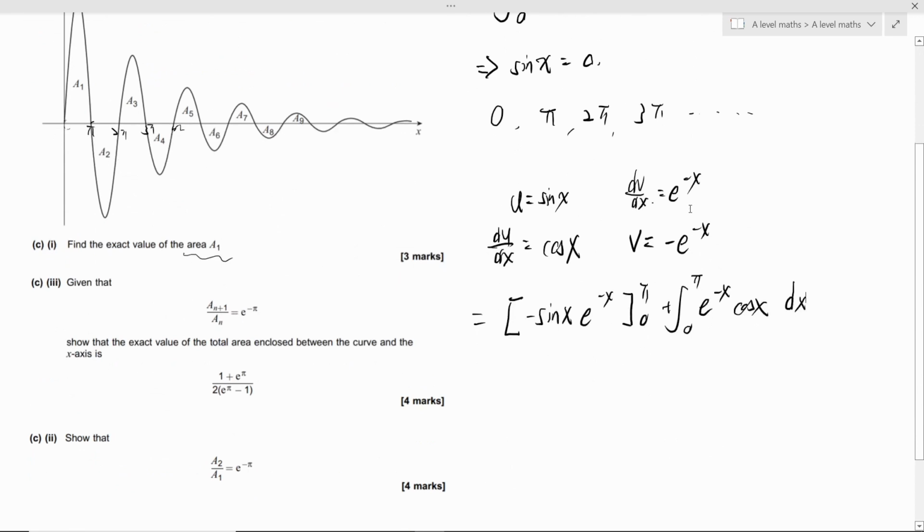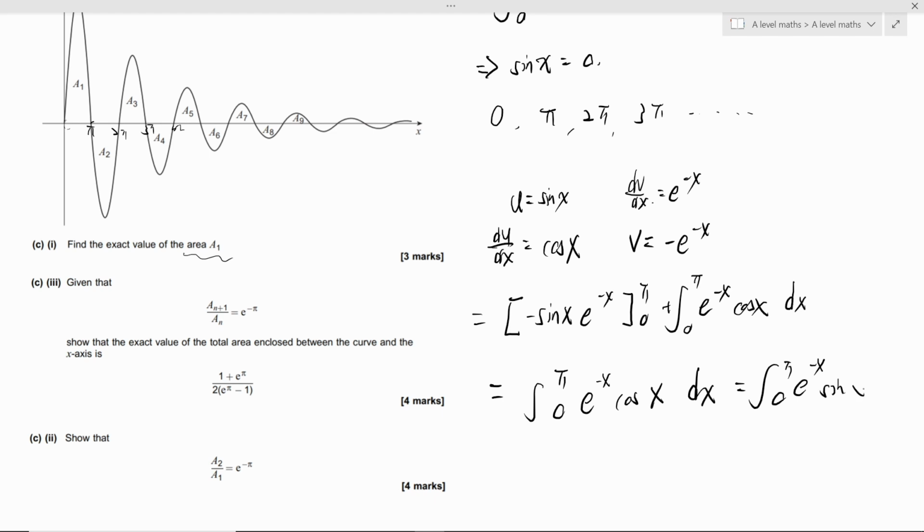Well, you might say that is no good because we still finish with a product of two functions. But does it really? You can see the first part, this bracket, goes to 0 because sine pi and sine 0 are 0. So we read off that the integral from 0 to pi of e to the minus x cos x dx is equivalent to the integral from 0 to pi of e to the minus x sine x dx.